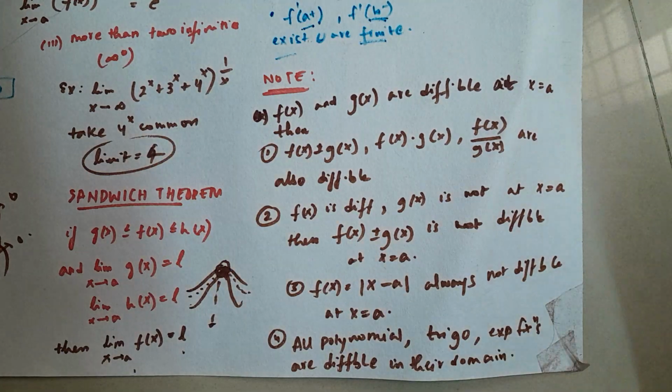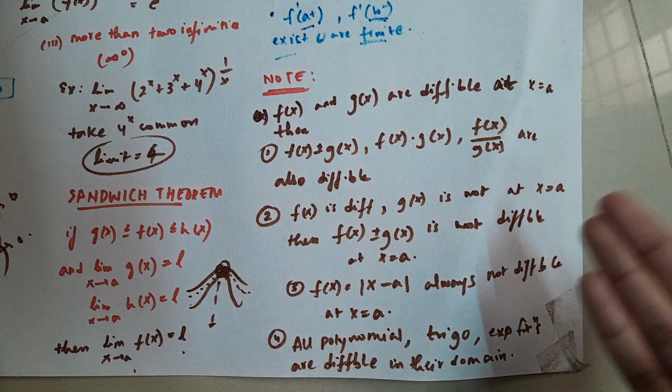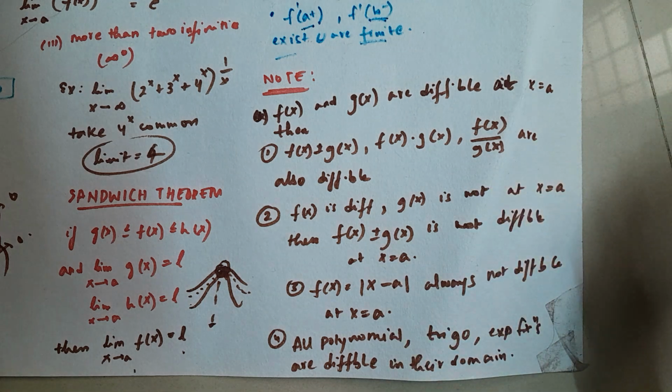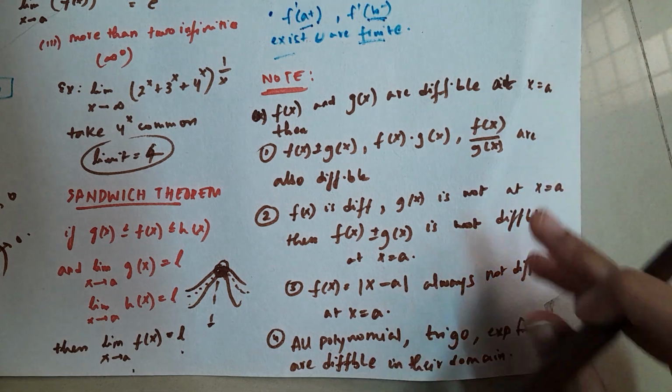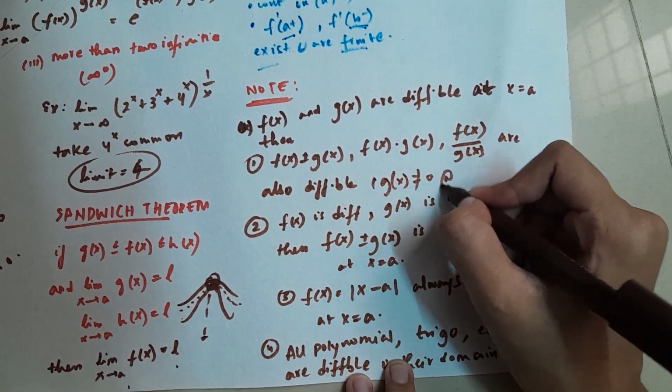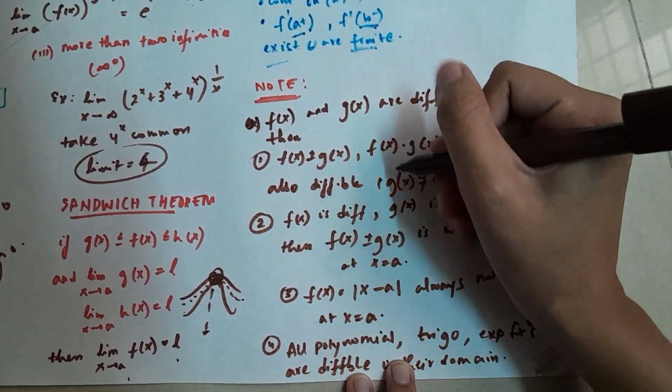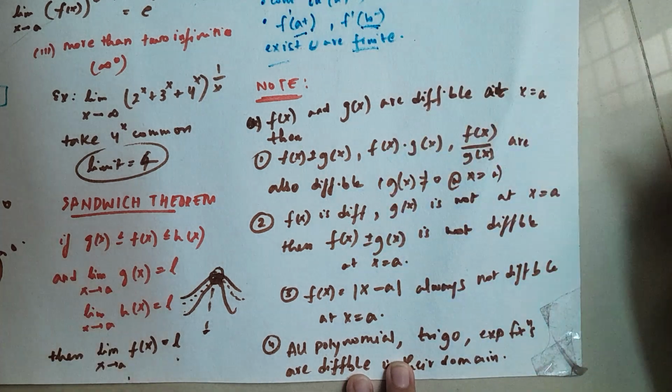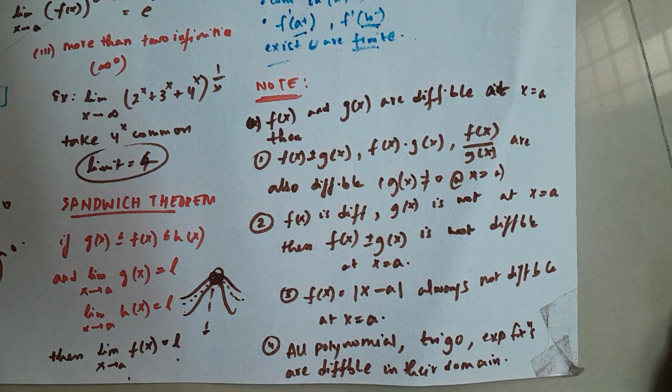Lastly, we have a few note points. The first one is that if two functions f of x and g of x are differentiable at x equals a, then f of x plus or minus g of x, their product, and f of x by g of x are all also differentiable at x equals a, given that g of x is not 0 at x equals a.